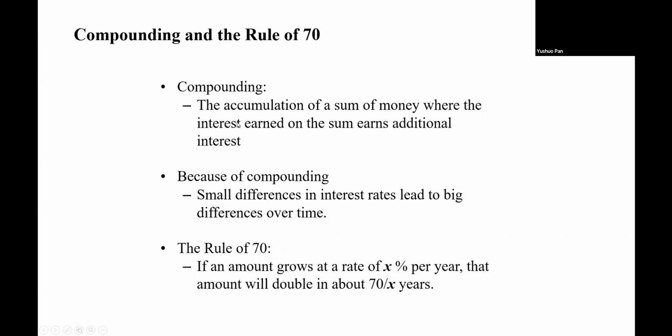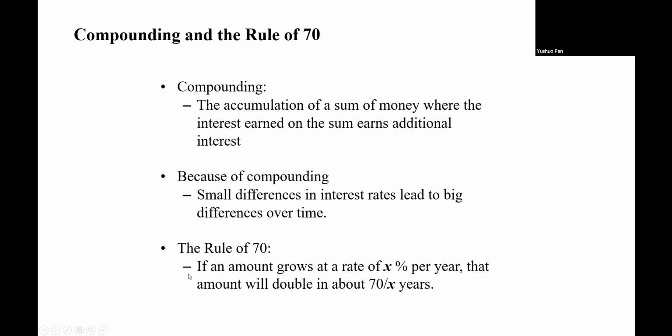Compounding means the accumulation of a sum of money where the interest earned on the sum earns additional interest. Because of compounding, small differences in interest rate lead to big differences over time. And we are going to see how different in the next example question.